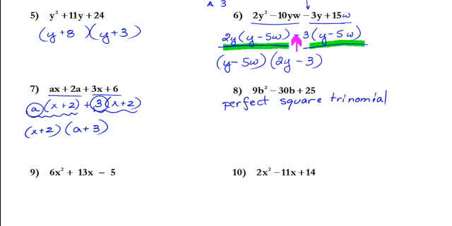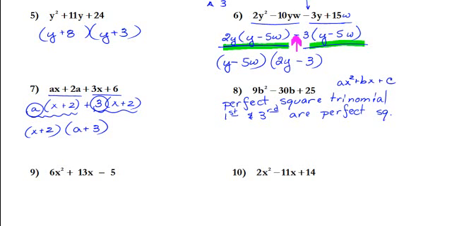Now, the characteristics of a perfect square trinomial are that the first term and the third term are perfect squares. So let's say it's in the form ax squared plus bx plus c.